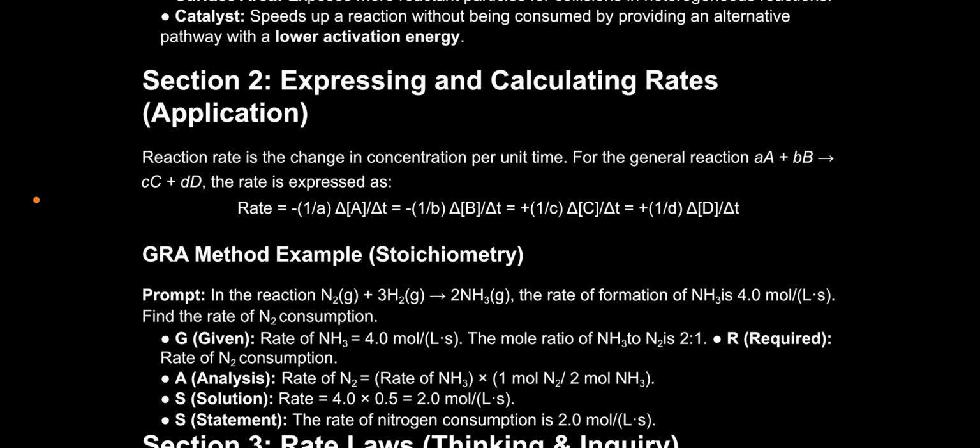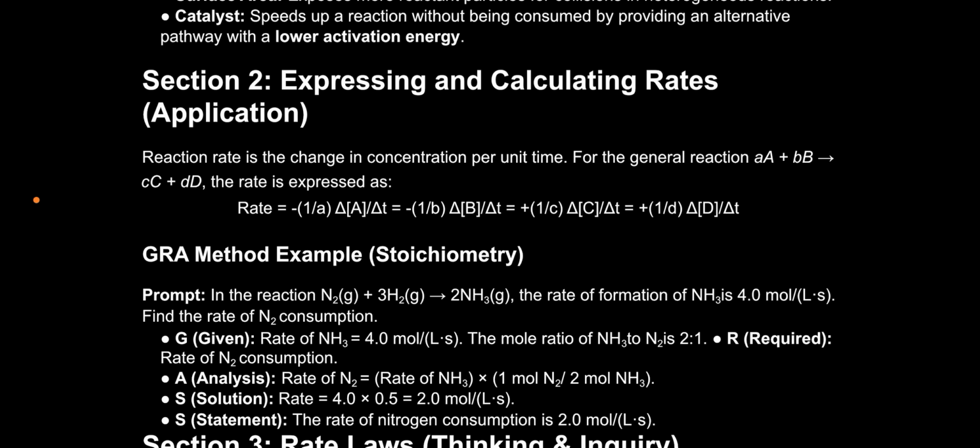For the general reaction little a, big A plus little b, big B turns into little c, big C plus little d, big D, the rate is expressed as rate equals negative 1 over a times the change in A over change in time, equals negative 1 over b times the change in B over the change in t, equals positive 1 over c times change in C over change in t, equals positive 1 over d times change in D over change in t.